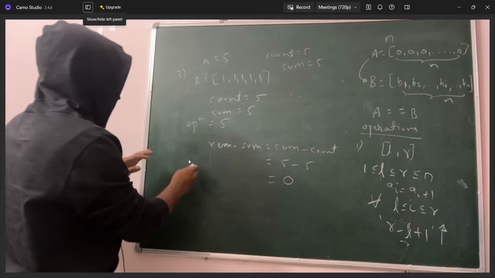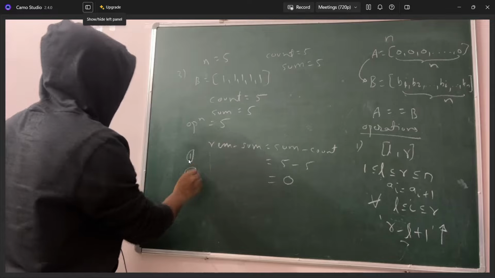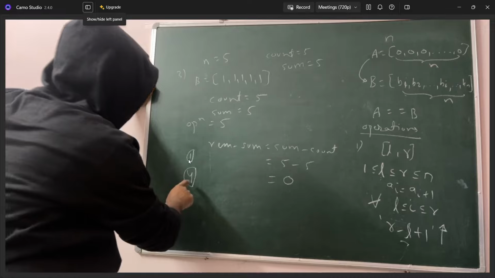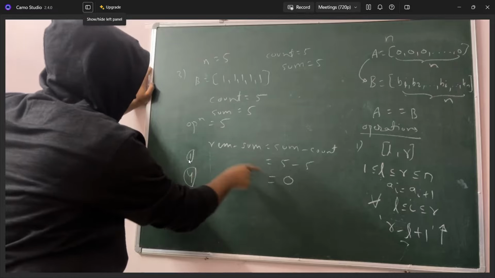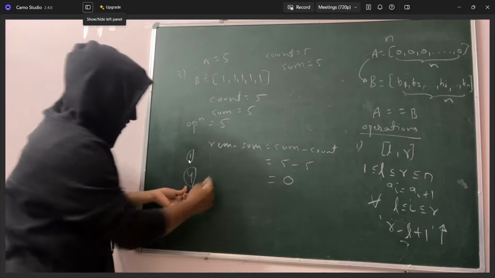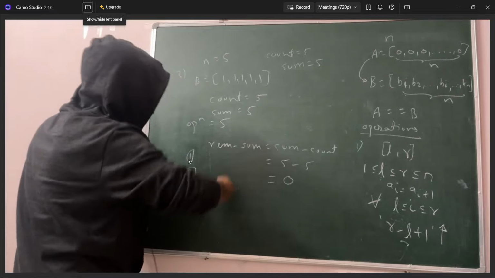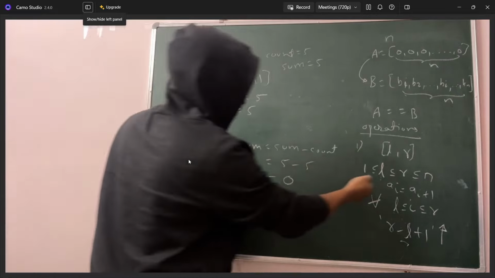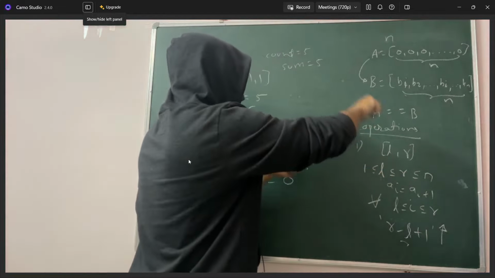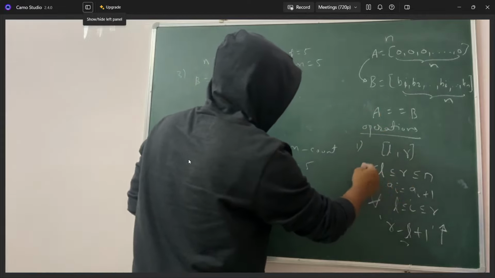Which means 1 operation you have done, now 4 operations remain, but your remaining sum is 0. That means in these 4 operations you can't choose any subarray to increase its elements, because in the question they have said you have to do exactly n operations, and in every operation you have to choose l and r within the bound.